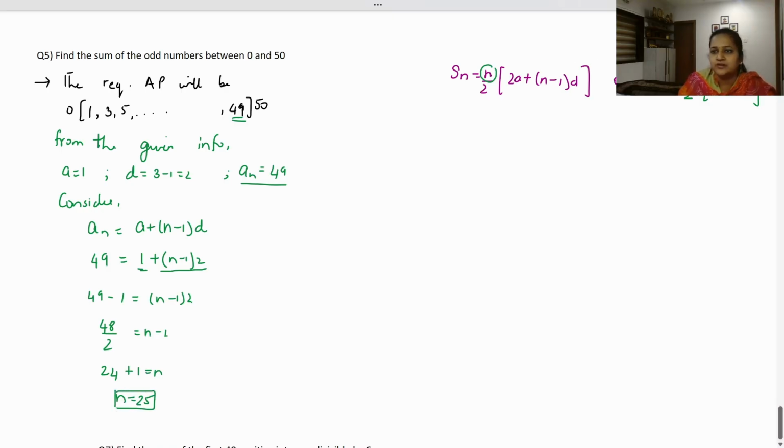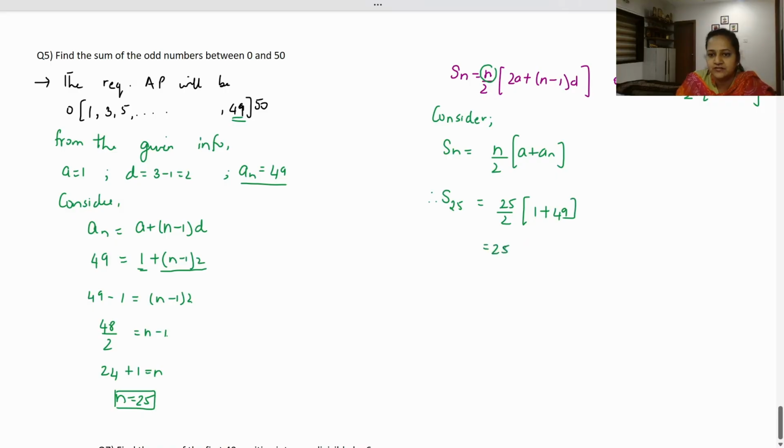Now either of the two formulas you can use and you can find out the sum. So I'll say consider Sn. And here I have chosen the formula n by 2 times (a plus an). The simple reason is I know the first term, I know the last term, so the calculation becomes easy. Therefore, S25, as we've calculated n to be 25, S25 is 25 by 2 times (a, 1, plus an, 49).